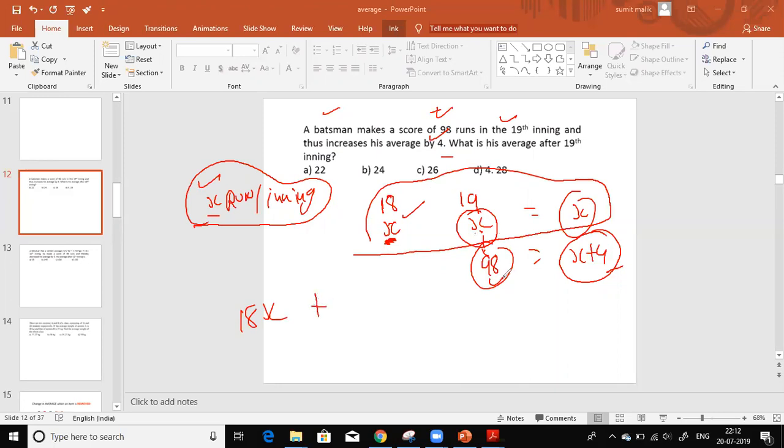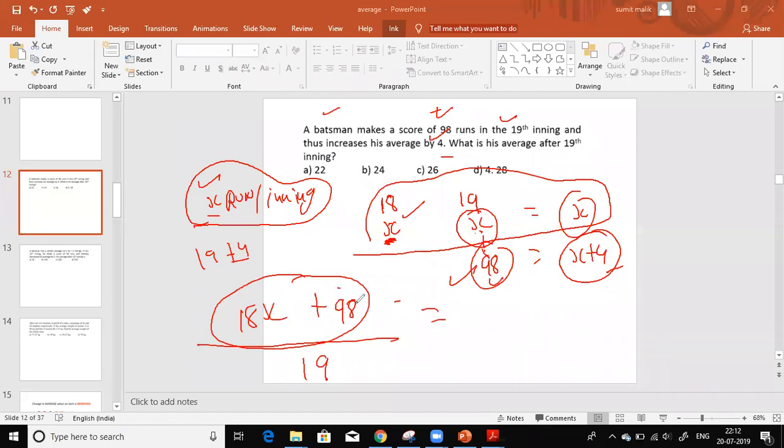Plus in the 19th inning he scored 98 runs. These are the total runs till the 19th inning. Divided by 19, this is the average of the 19 innings.